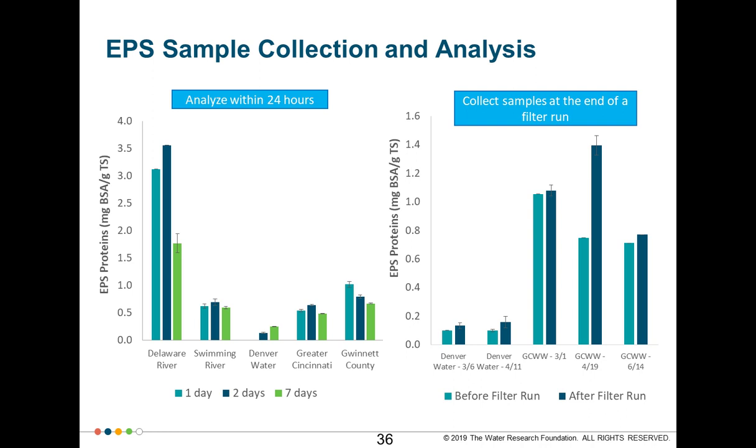But other than that, we saw pretty good consistency before and after the filter run, so not a lot of variability in the EPS concentrations. It's possible that a substrate loading event could create a nutrient scenario where you would have elevated production of EPS during a filter run that could result in a substantial gain. But in our results, for the most part, we did not see that occur.